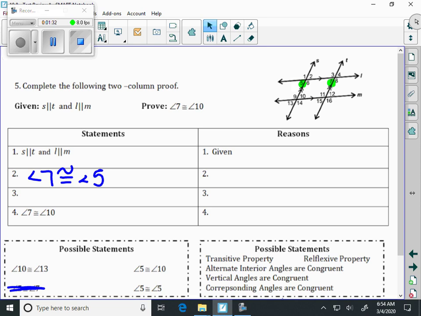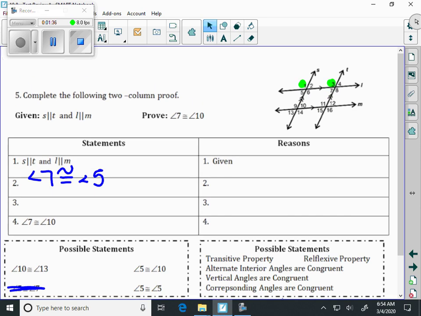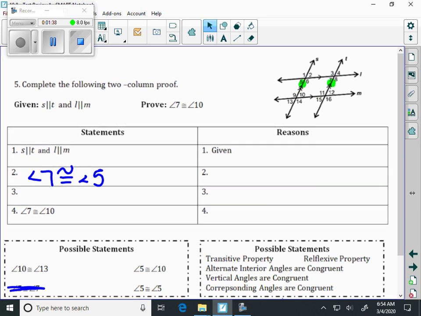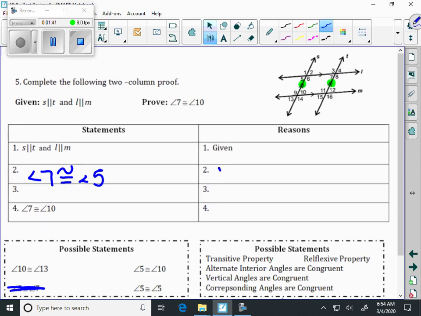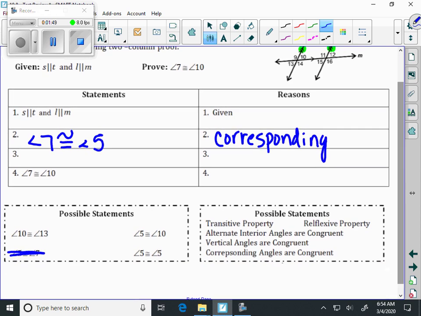So they're in the same place, and when they're in the same place, we call those corresponding angles. Which, as you look down, you see that is one of your reasons. Corresponding angles are congruent. So there's our first, so we can get rid of that.